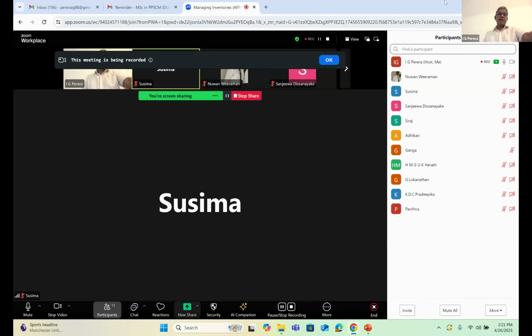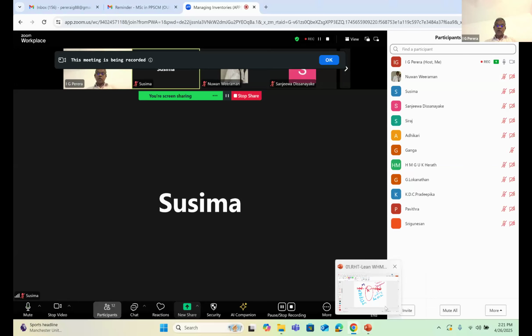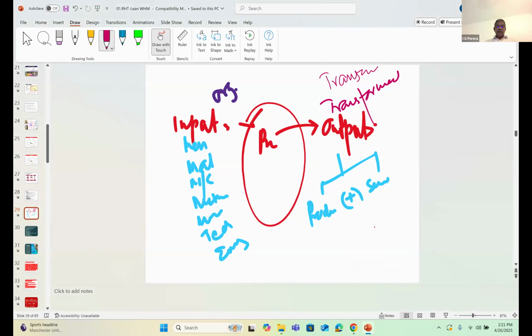What do you mean by transforming inputs? When you take the process, inputs are transformed to products, either products or services.